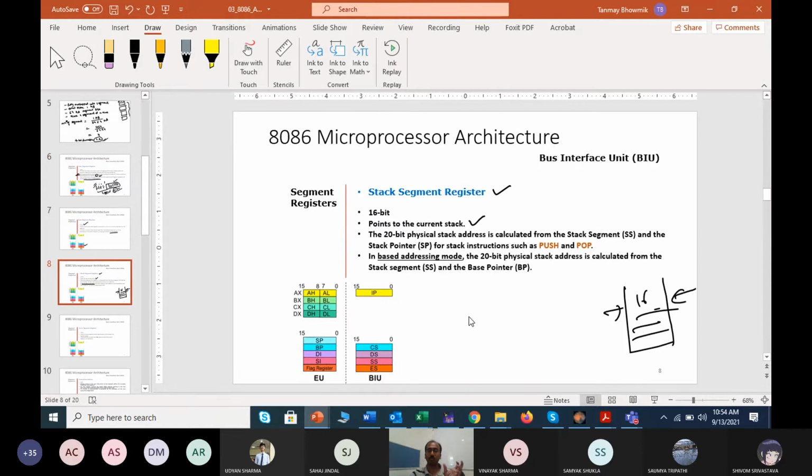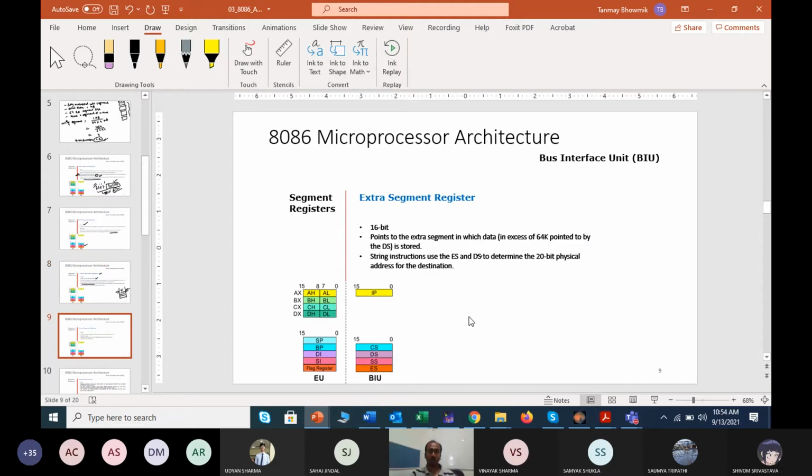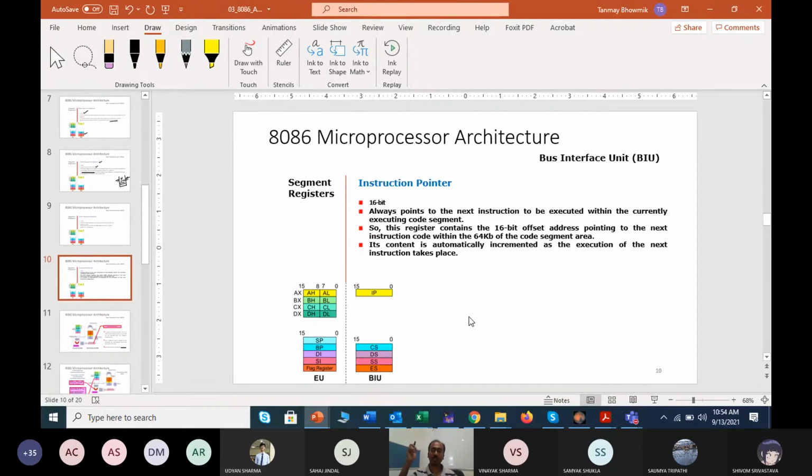Here you observe push and pop, two more things, and parallelly this stack segment register and the base pointer will help you to access this 20-bit physical stack address. Okay, and one more was the extra segment register. String instructions use this extra segment to determine the 20-bit physical address of the destination. So all these four were the segment registers, and then we observed what our instruction pointer was.